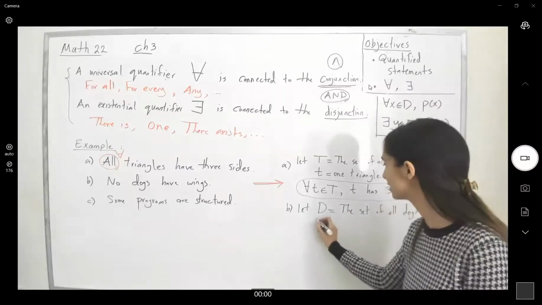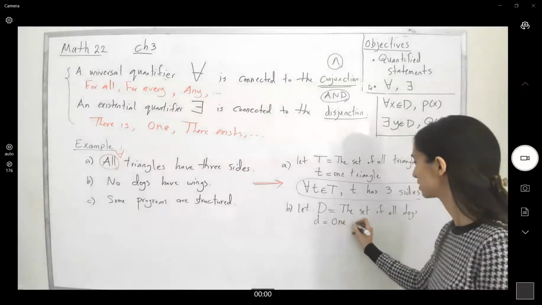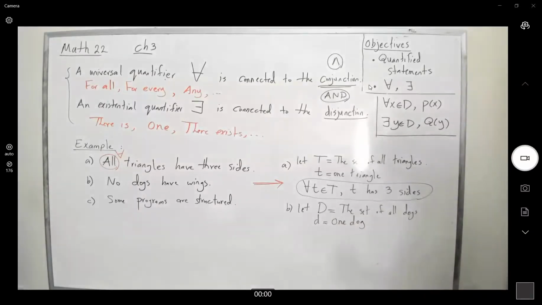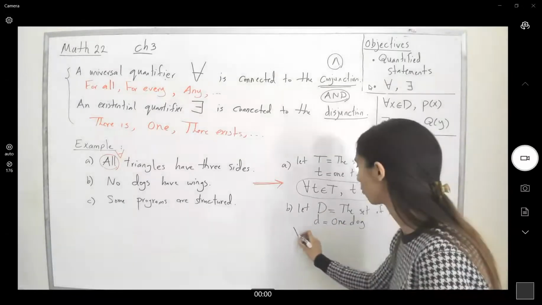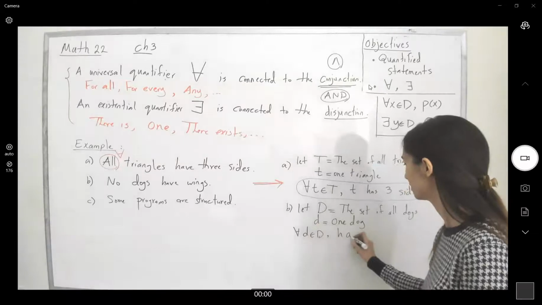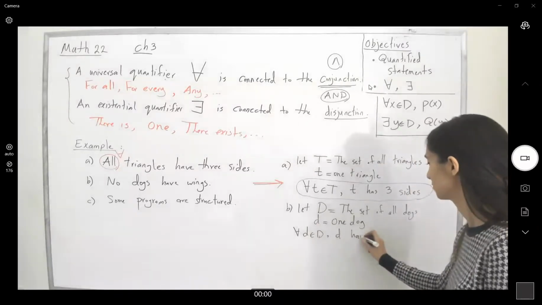And suppose d is just one dog, representing one dog. You can write it this way. For any d in the set D, for all d in D, d has no wings.